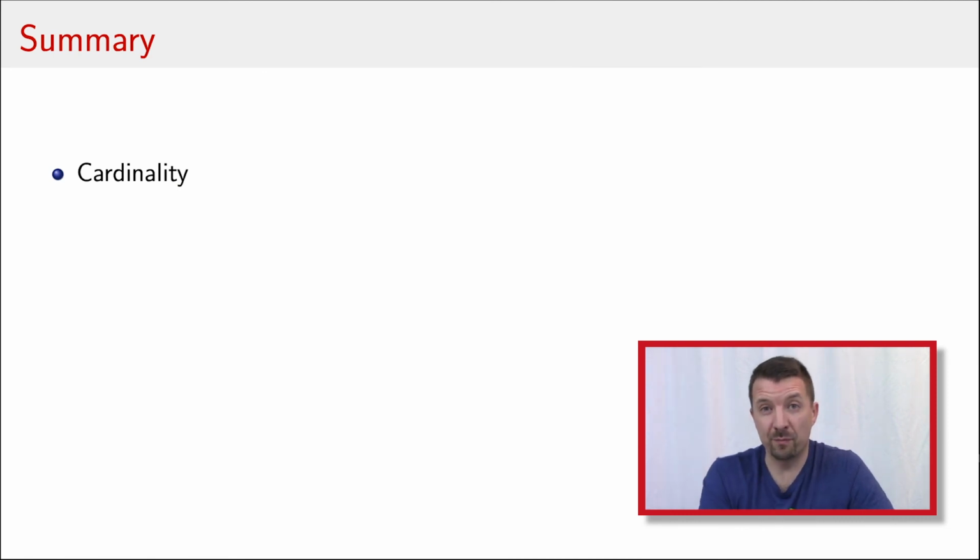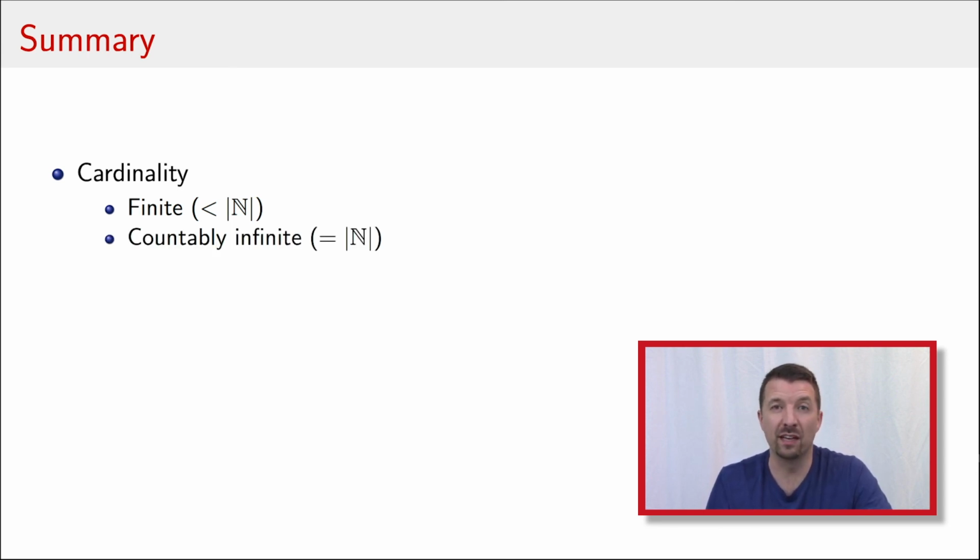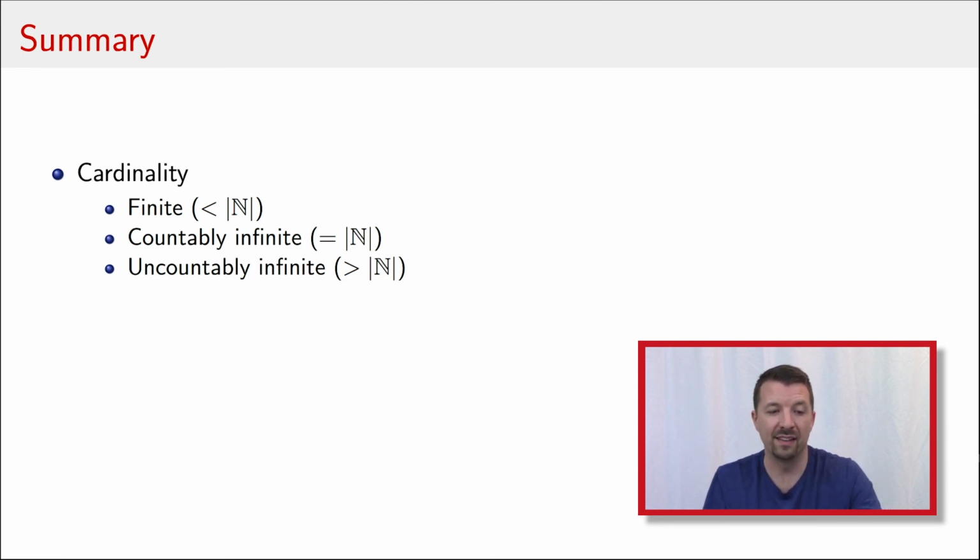Alright, so in summary, we're interested today in talking about finite sets, where the cardinality is less than that of the whole numbers. We have countably infinite, where the cardinality is equal to the cardinality of the whole numbers, and we have uncountably infinite. That is, the cardinality is greater than the cardinality of the whole numbers. And the key to recognizing this last one is that if there's any interval, then it's uncountably infinite.